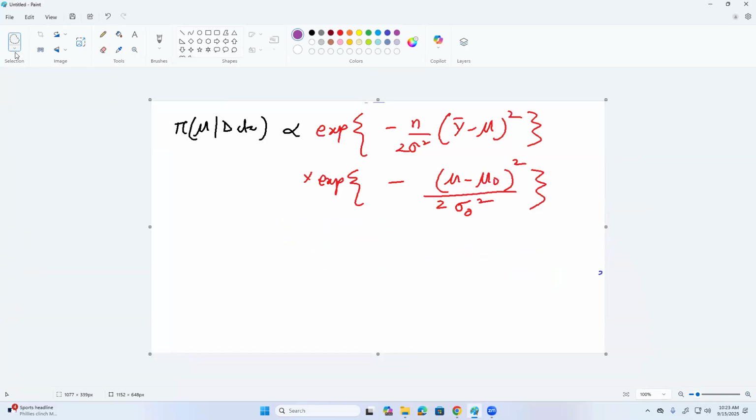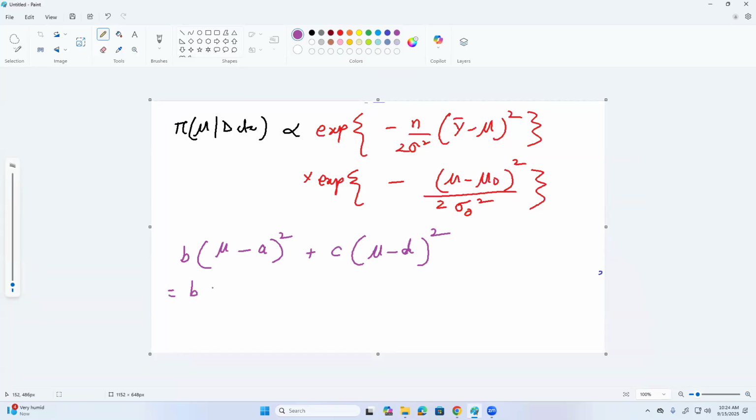I will explain this square completion not in terms of these notations, but in terms of general notations like a (mu minus a) square b plus c (mu minus d) square in that form. So it is b mu square.